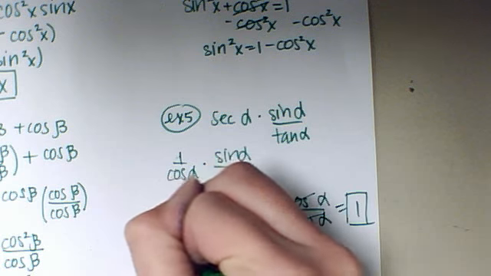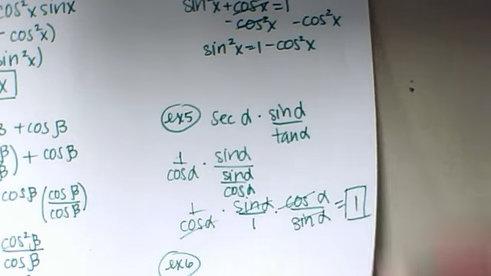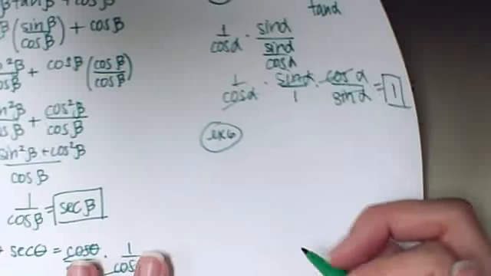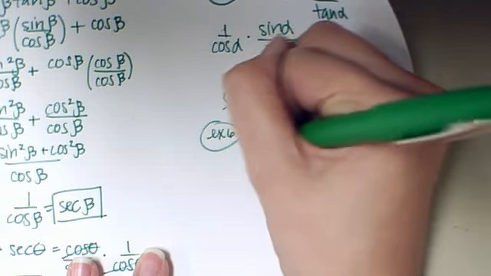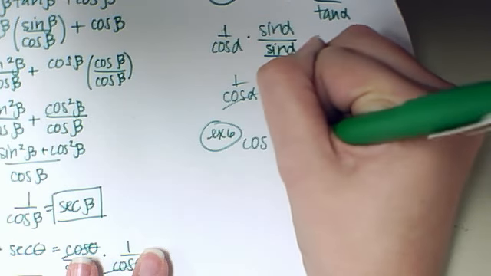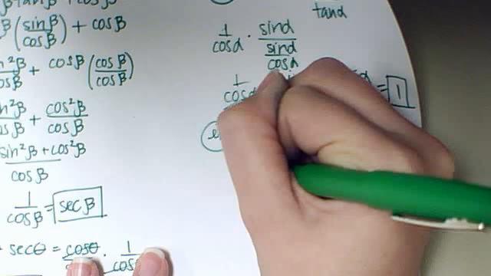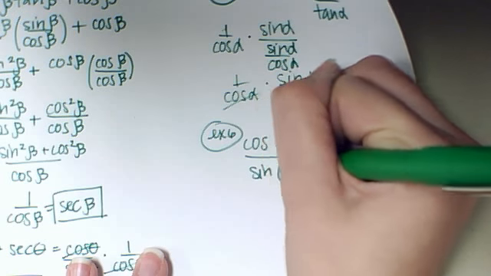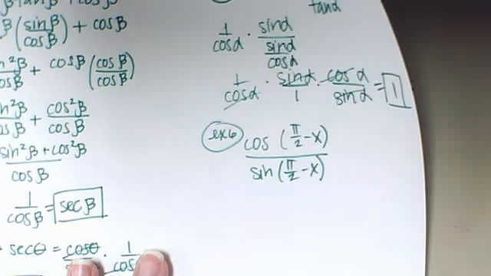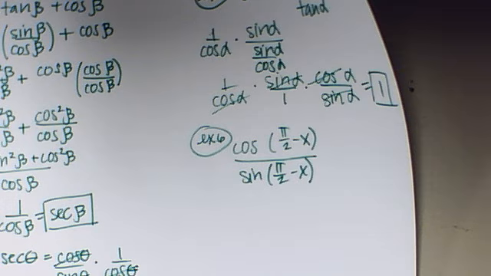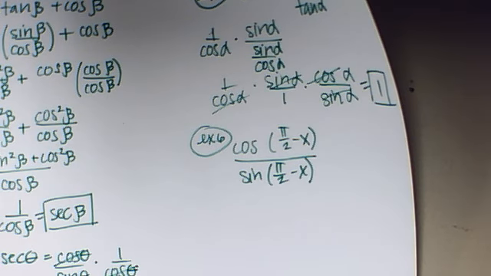Two more examples to look at, and this brings in those second two groups of identities that I told you we'd look at today. Example 6 is the cosine of pi over 2 minus x over the sine of pi over 2 minus x. This comes from the fact that the cosine and sine graphs are very similar, and if I cut pi over 2 off of either one, I could get the second.